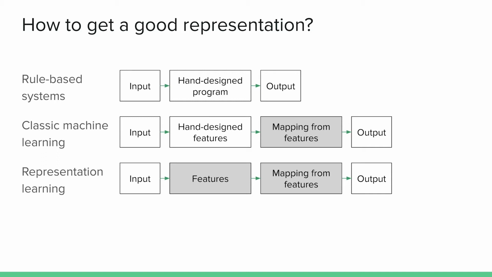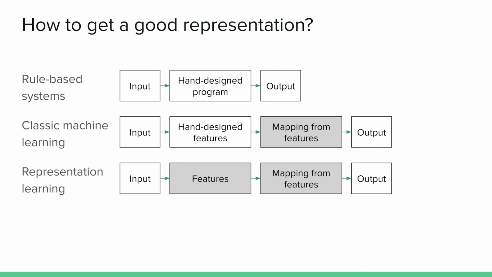That would be then representation learning, and this is the main gist of what we're talking about in this course: that we're trying to go away from handcrafting feature extraction and using deep learning to do this.